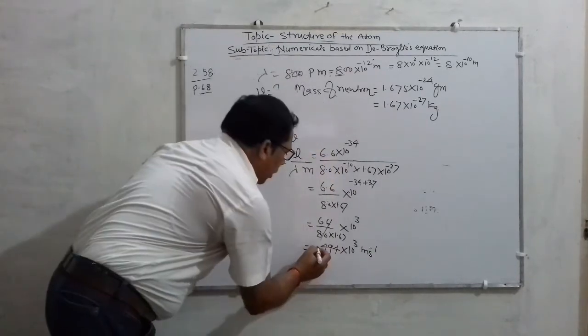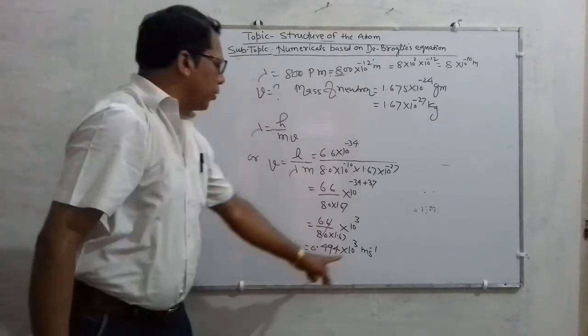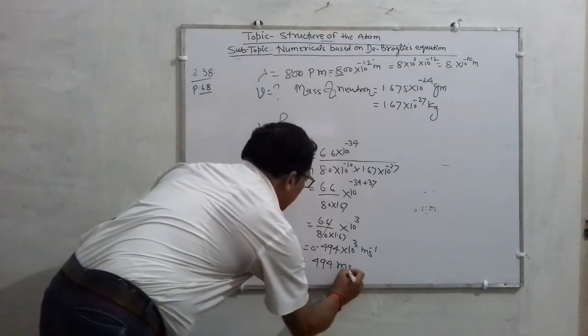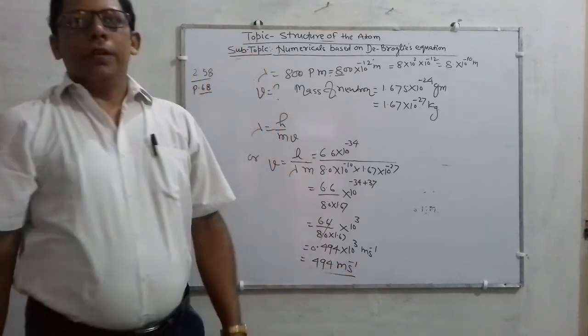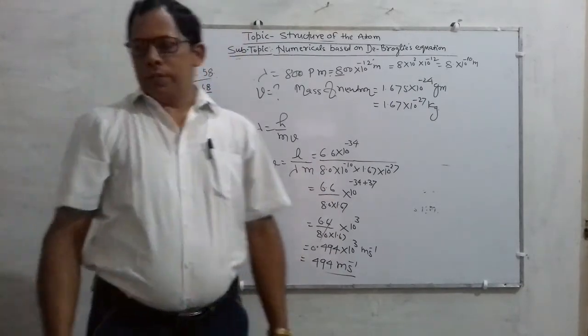Or children, if you multiply this 0.494 into 10 to the power 3, it becomes 494 meter per second. This may be the probable answer of this very question.